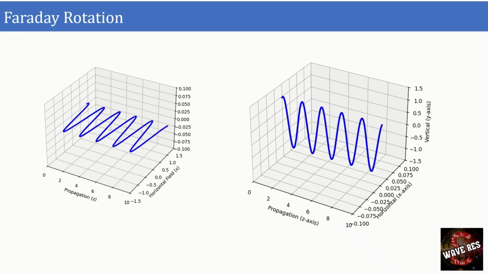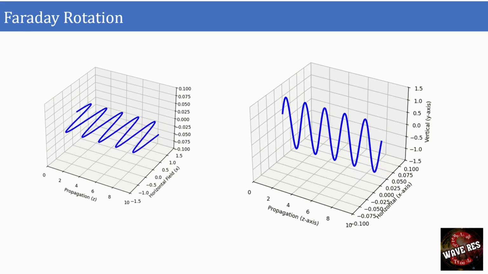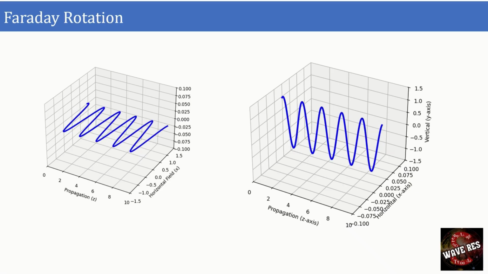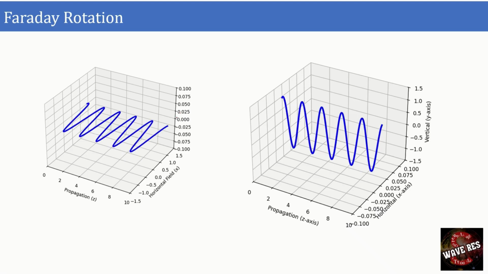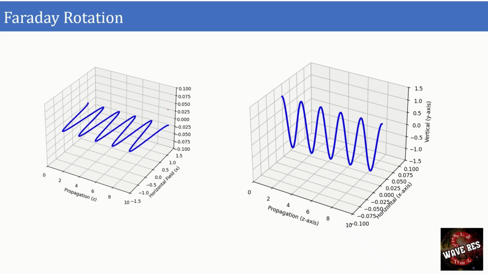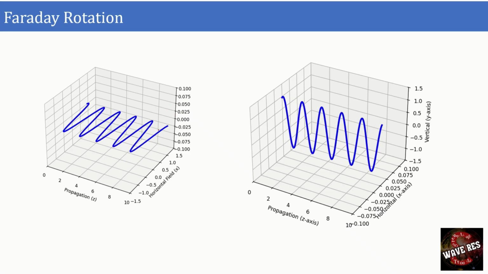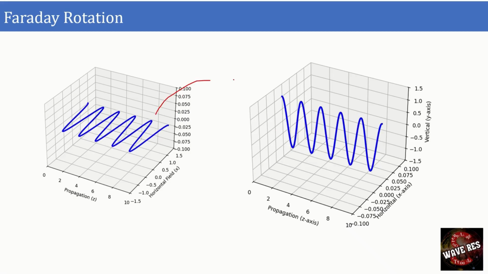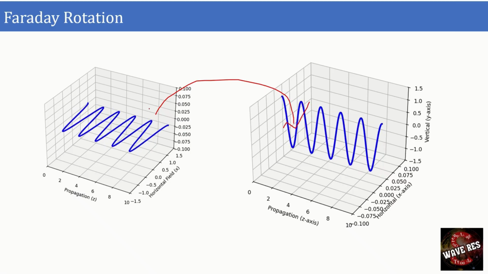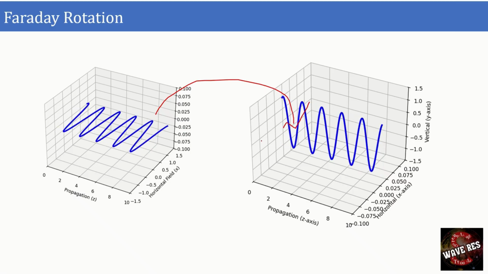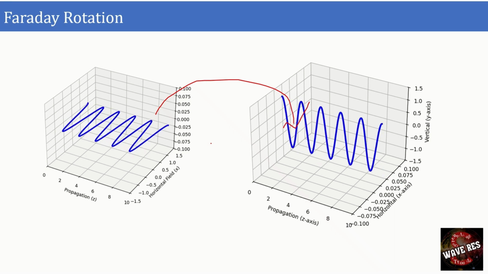If a horizontally polarized wave is passing through the ionosphere, based on the interaction, it can cause rotation of the polarization. Sometimes the polarization rotation may not be perfect, like a horizontally polarized wave converting into a vertically polarized wave. Sometimes it causes some polarization shift, not a perfect conversion from horizontal to vertical, but slightly changing to a slanting polarization or some sort of shift.